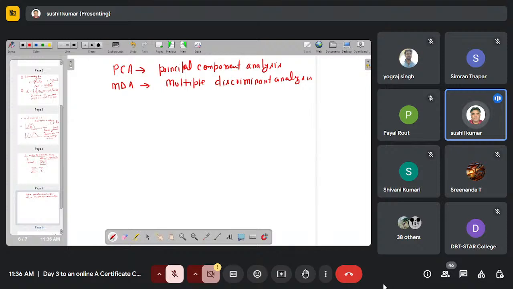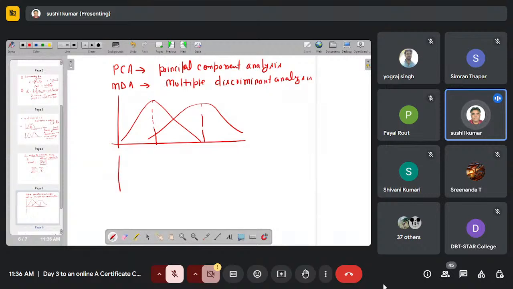Multiple discriminant analysis we will see here, though not in detail. We use the variances to separate the classes. Suppose this is one class and this is another class, and this is the mean for this class.